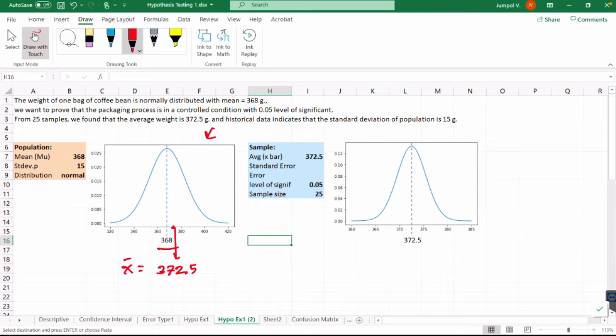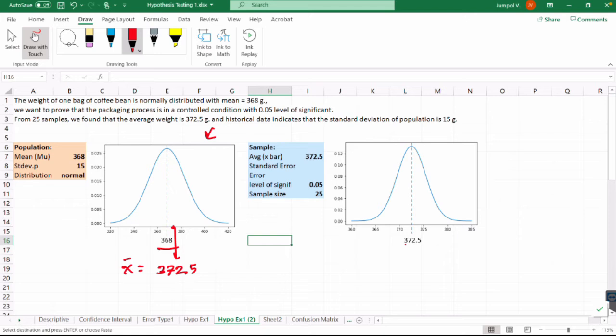We need to use the sample distribution on the right, and from the information that we have, it has the sample mean equal to 372.5. Because the distribution of the population is normal, the distribution of the sample is going to be normal too.